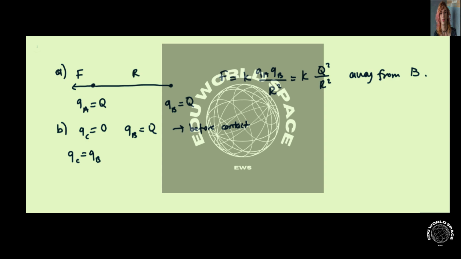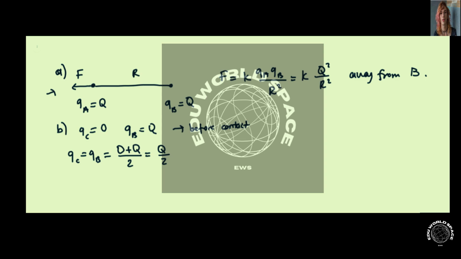So QC is going to be equal to QB, and the total charge is 0 plus Q. They're going to share it. So overall, sphere B is going to have Q over 2, and sphere C is going to have Q over 2 as well.